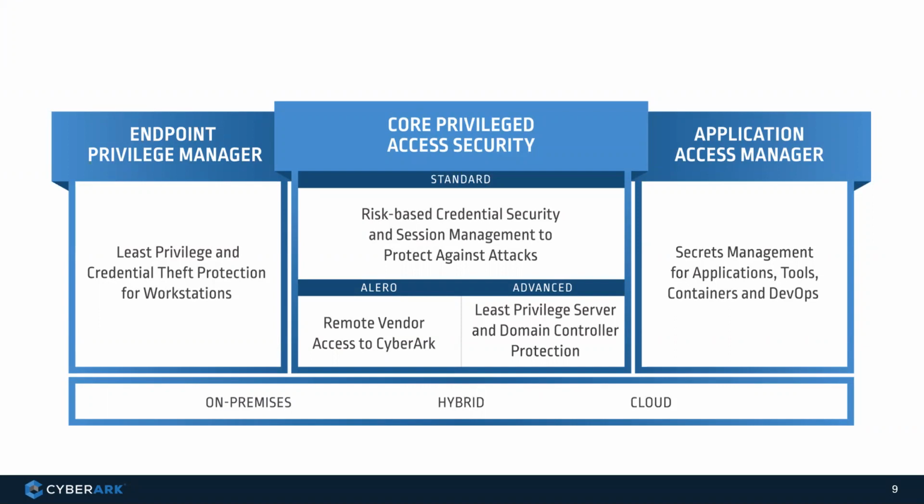As I mentioned, in many cases customers start with the pillar of Core Privileged Access Security, where they deploy the vault, the digital vault, the heart of the enterprise, where they onboard all or most of the privileged accounts into the vault. Because of that, they are able to define the policies of who has access to what accounts and when, in what situations, and how they can use this account.